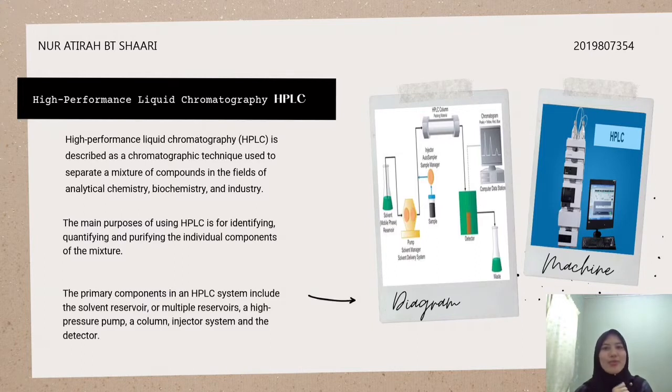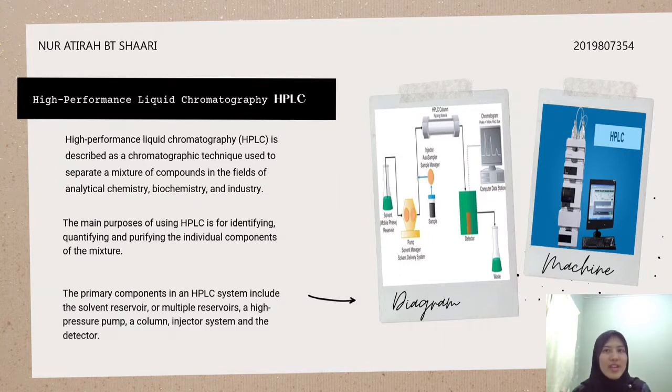For the introduction, what is HPLC? HPLC is high performance liquid chromatography, described as a chromatographic technique used to separate a mixture of compounds in the field of analytical chemistry, biochemistry, and industry. The main purpose of using HPLC is for identifying, quantifying, and purifying the individual components of the mixture.